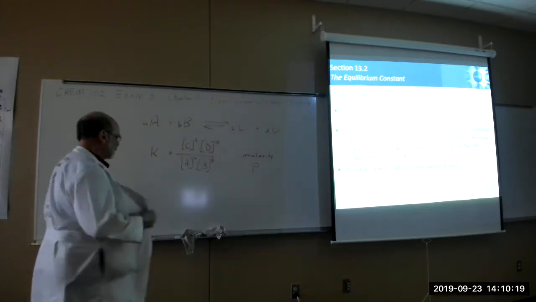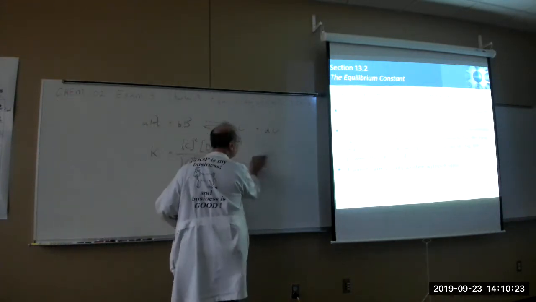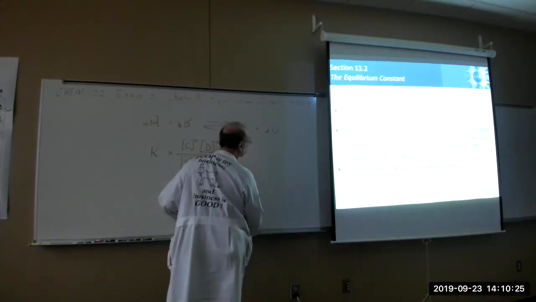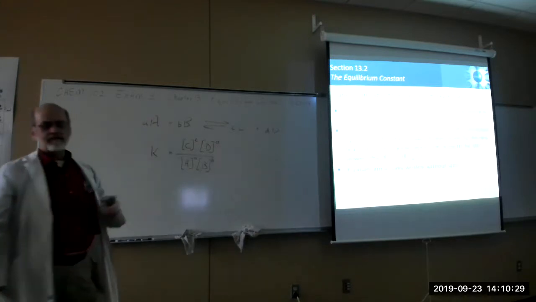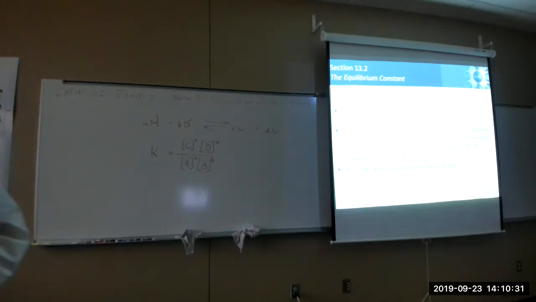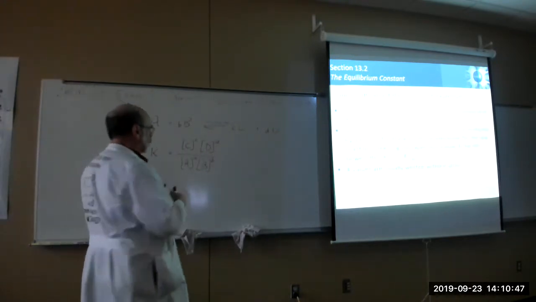So what do we do if we have a balanced equation, and we want to combine equations into an overall equation? Remember when we were doing Hess's law?